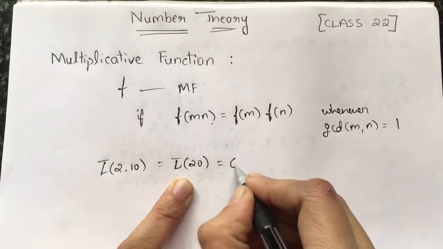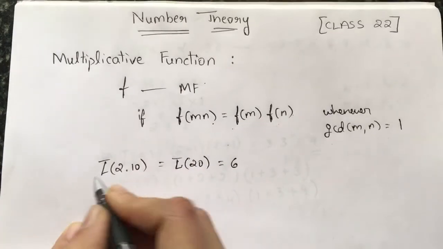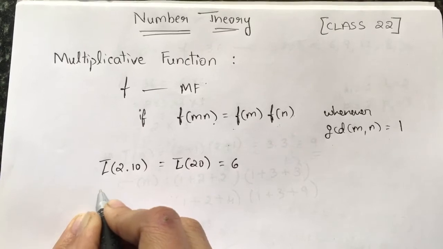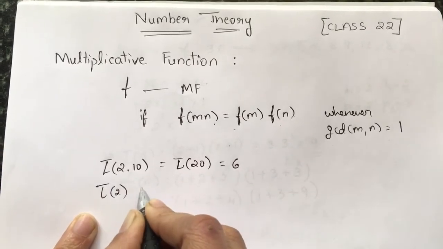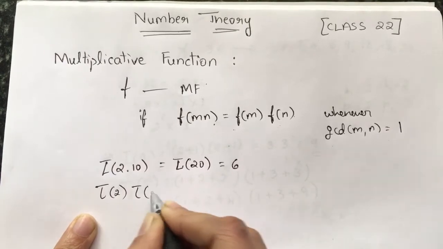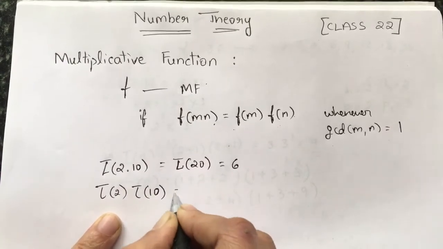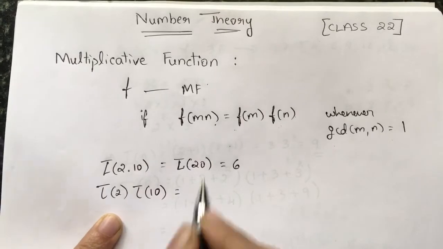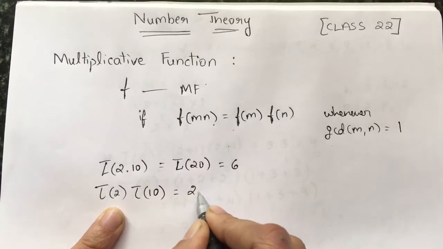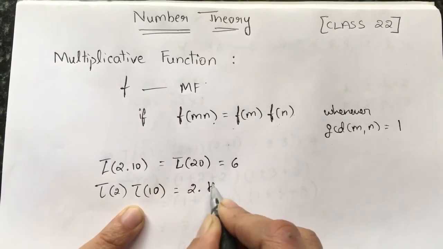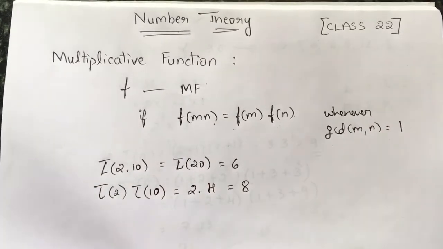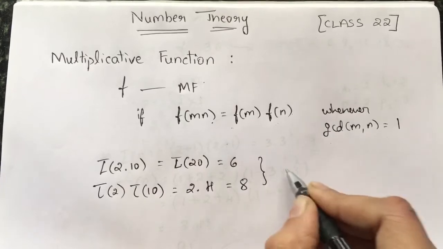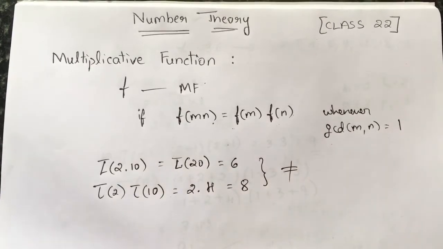So there are 6, right? If I write it like this, tau of 2 into tau of 10, then tau of 2 is 2 and tau of 10 is 4, which is equal to 8, right? So you can observe that these two are not equal.